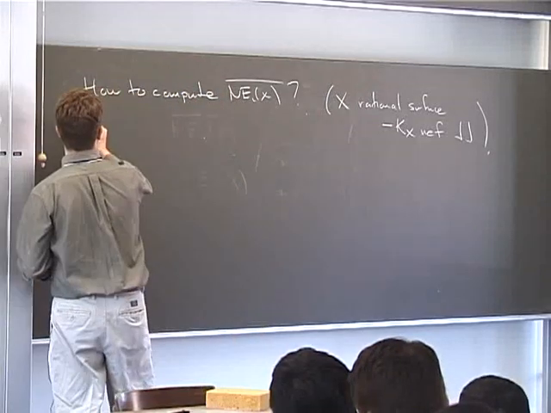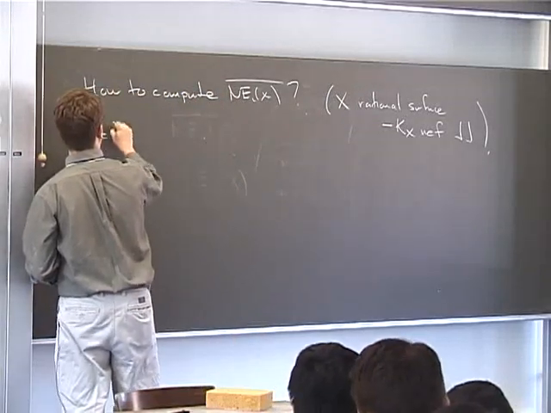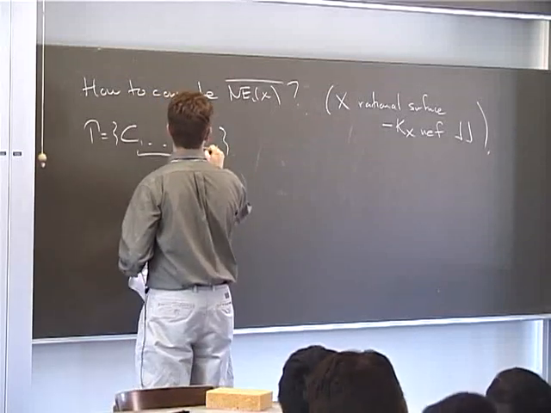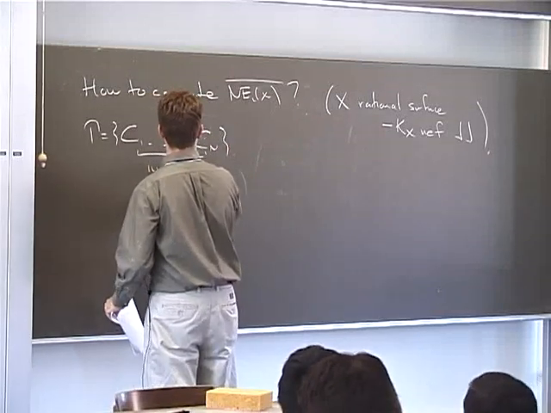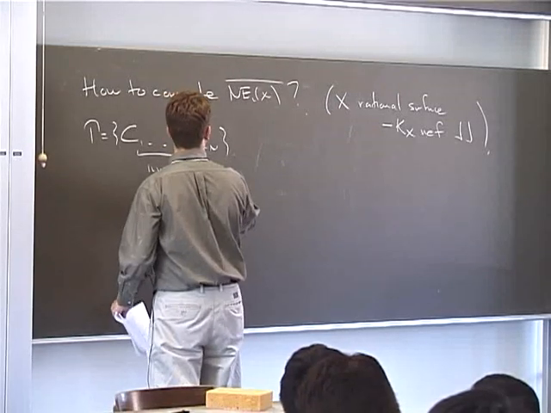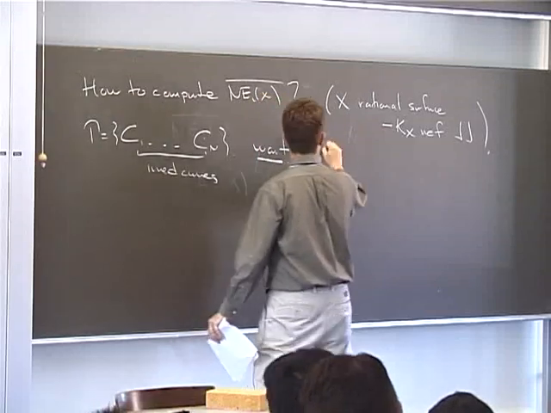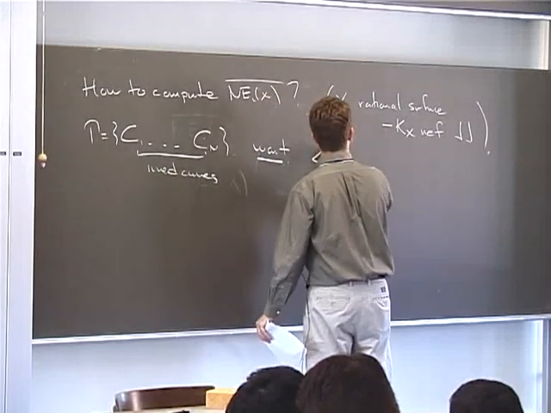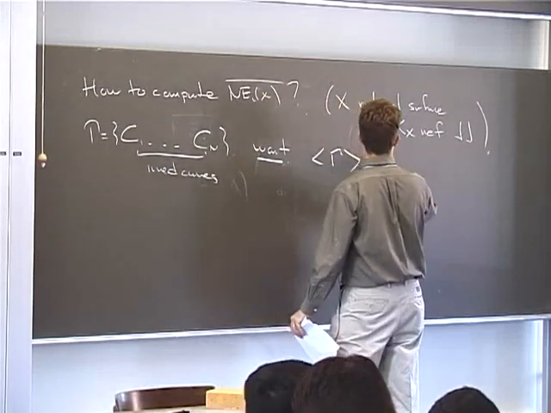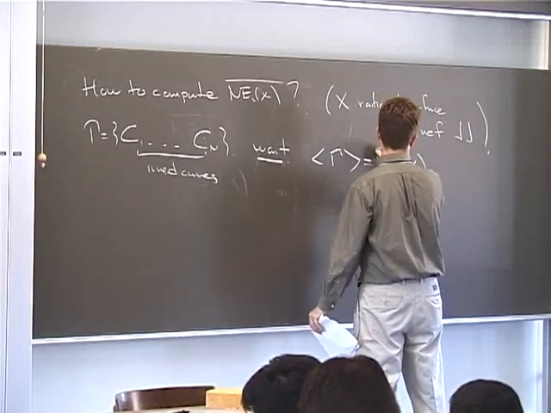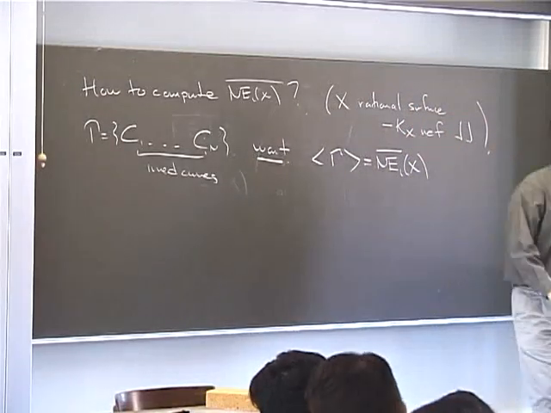So let's suppose we have a series of irreducible curves, and we want to show that the smallest cone generated by these curves is actually equal to the effective cone.